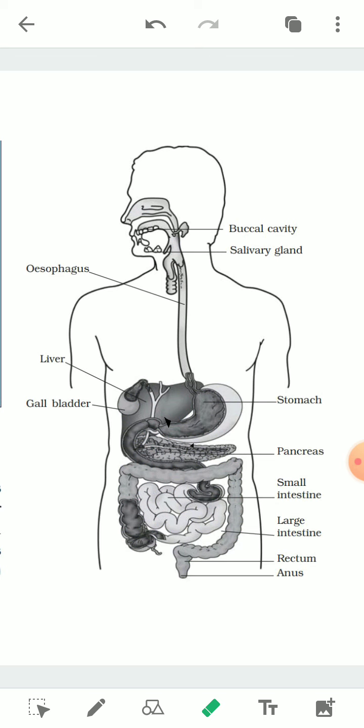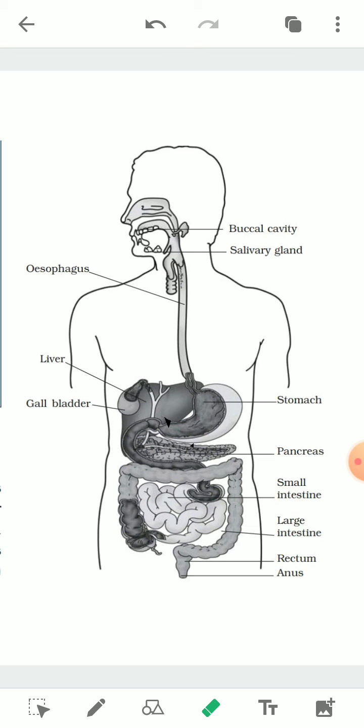The stomach contains an inner lining which secretes mucus, hydrochloric acid, and certain digestive juices. The mucus protects the lining of the stomach, as the stomach contains hydrochloric acid, and this acid helps in killing the bacteria that reach the stomach, and it also makes the medium of the stomach acidic.